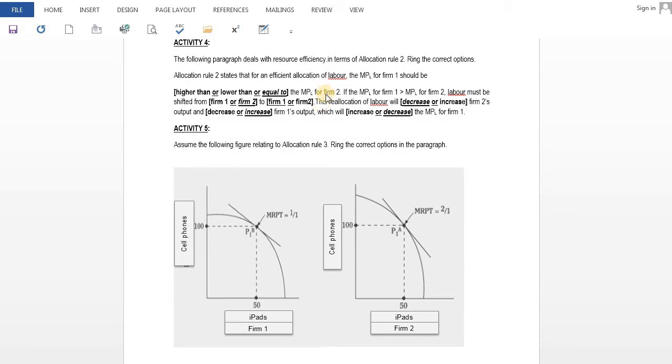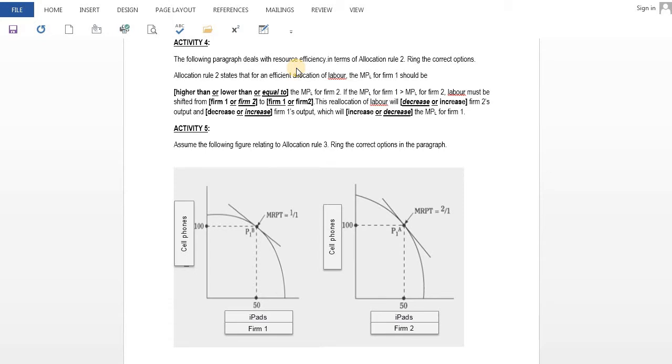If, for example, firm 1's output was lower than firm 2's output, it means firm 2 is efficient in utilization of its resources, and therefore we have to reallocate resources from where they are efficient to where they are inefficient.